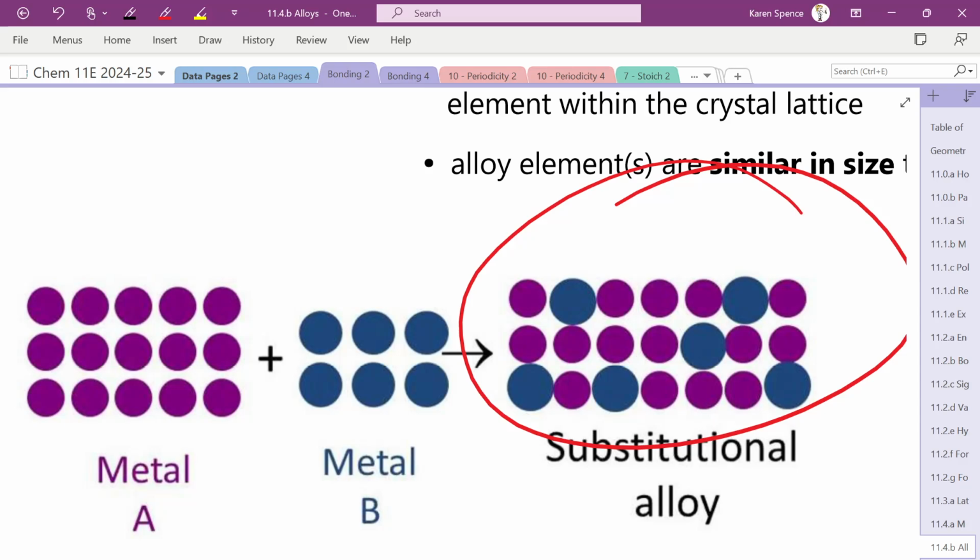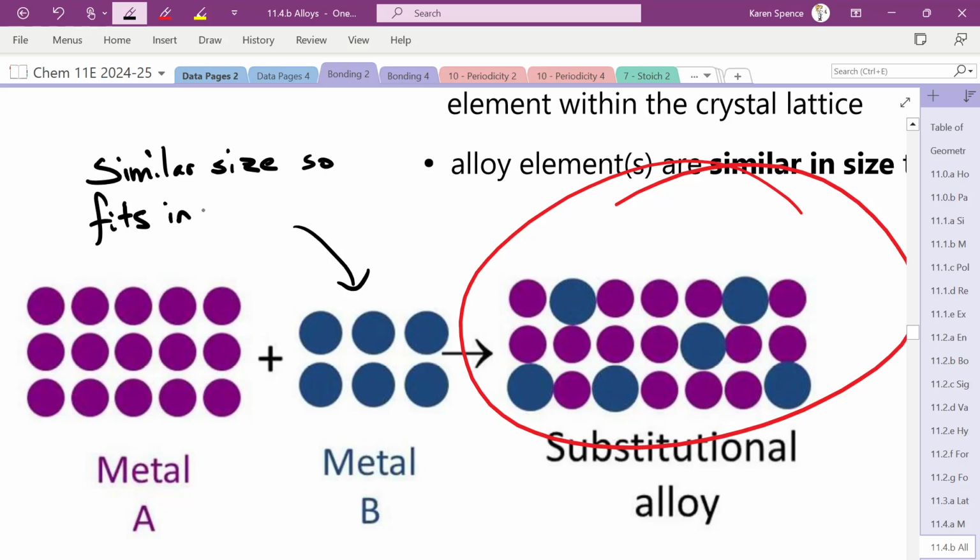It should be similar size so it can fit within the same matrix. So there's the sign instead. And what's it doing? It's substituting in. That's why it's called substitutional.